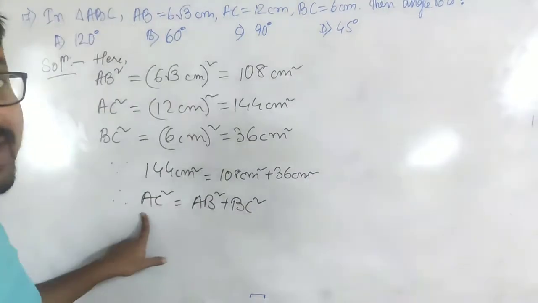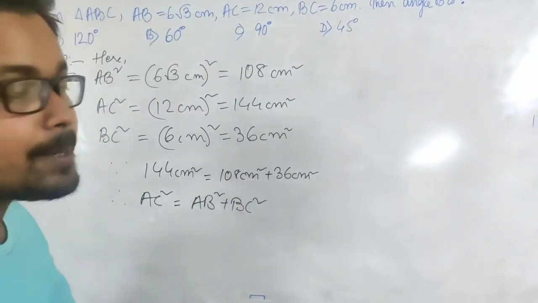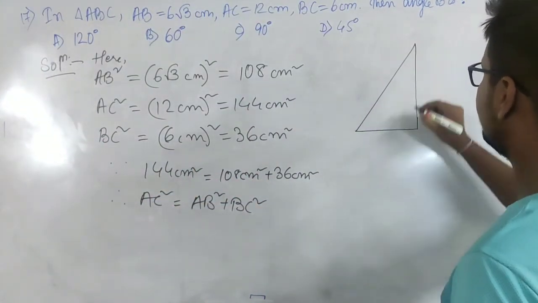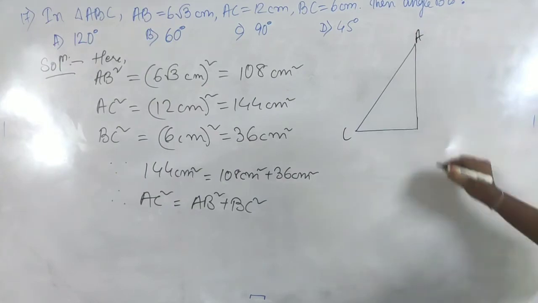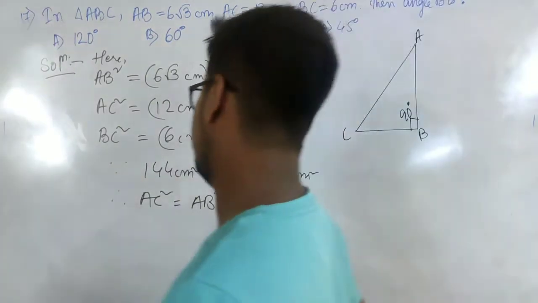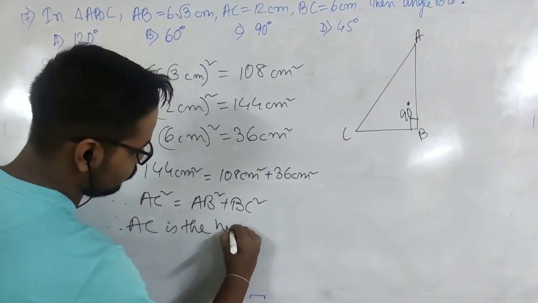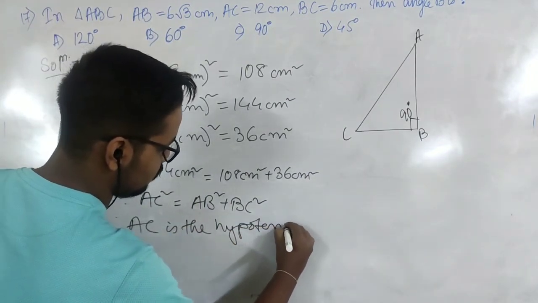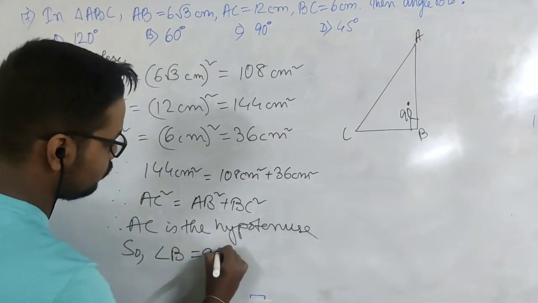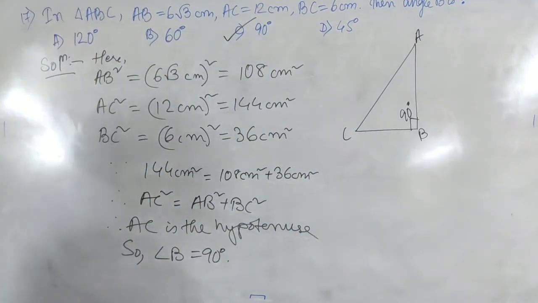It means AC is the hypotenuse, and if AC is the hypotenuse, then the opposite angle will be a right angle. That means angle B is going to be 90 degrees. So angle B is equal to 90 degrees, which means we have option C as our correct option.